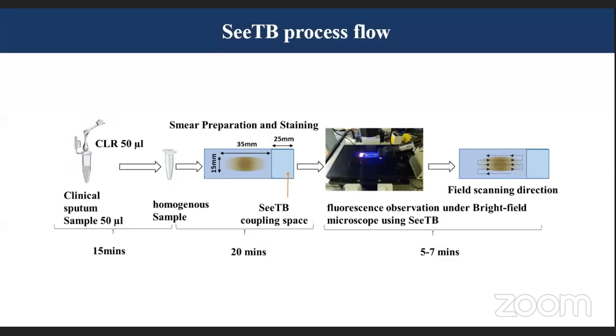After that, the WHO recommended method is used to make the smear, as well as staining and observation. We observed our sample using the SeeTB and a simple bright field microscope, and this was the way of observing the sample, so that no field of view is left out, and all the bacilli would be visible.